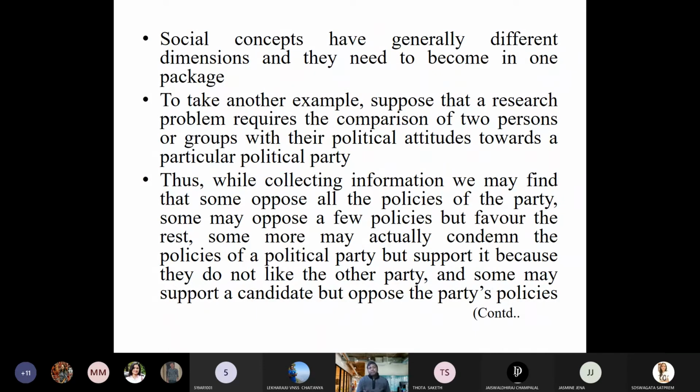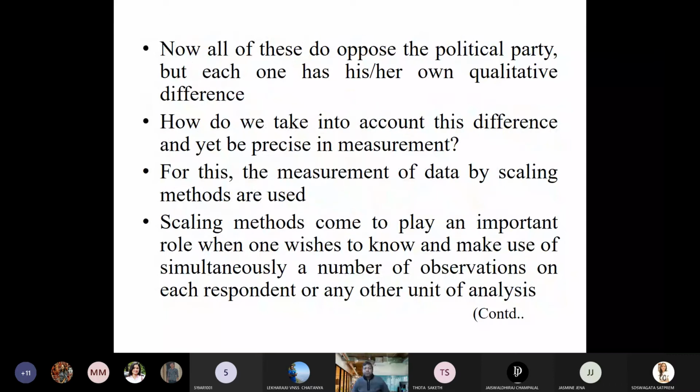And at the same time, some people are also coming out of this political ideology and voting for candidates based on their public perception. So see, all those who oppose a political party, each one has his or her own qualitative differences. Get my point?